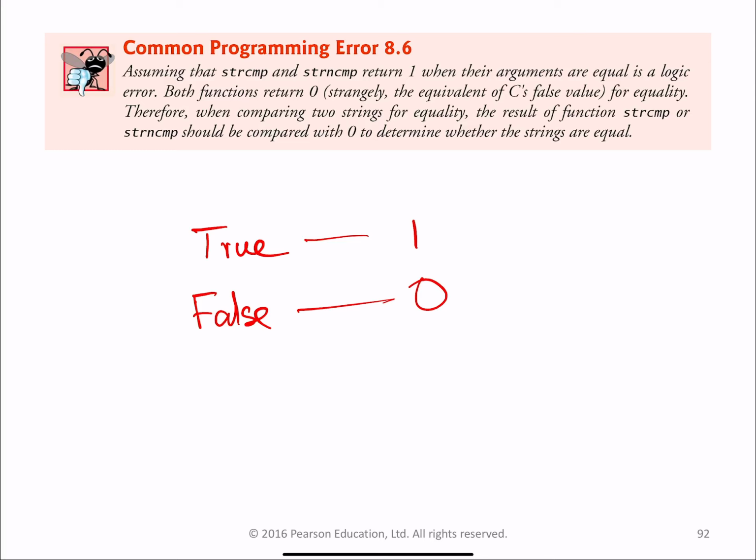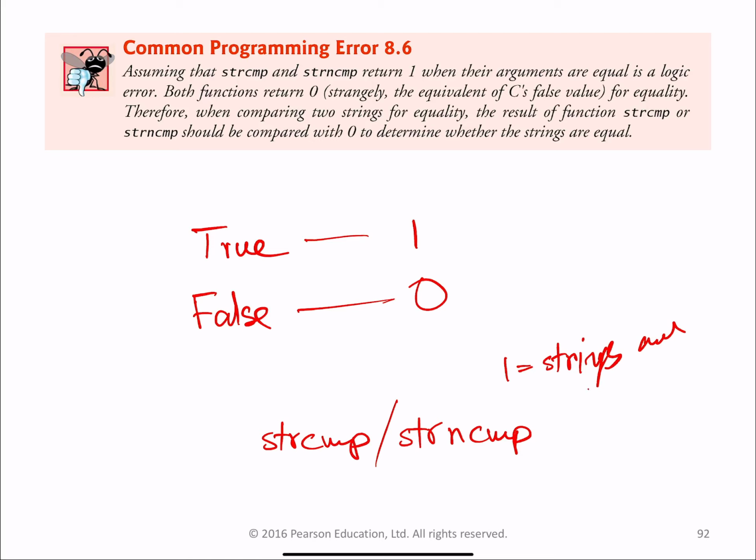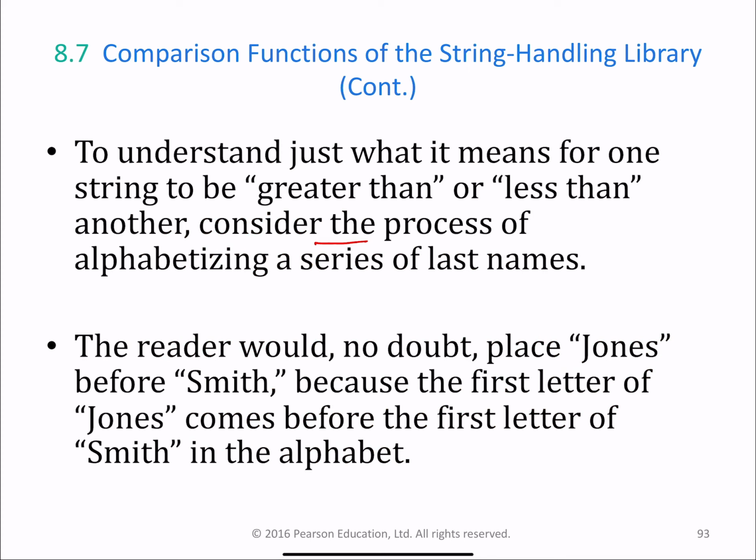So based on that, you may misremember the meanings of the return values of string compare and string n compare, and you may think of the return values as 1 meaning strings are equal, but that's not the case. So remember that when string compare and string n compare return 1, it means the strings are actually not equal. So that's a mistake you may make.